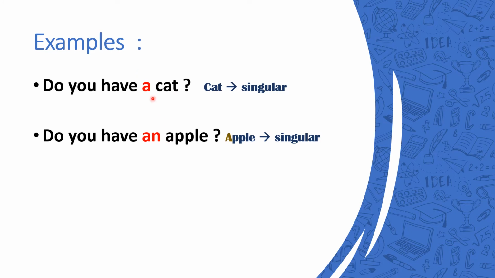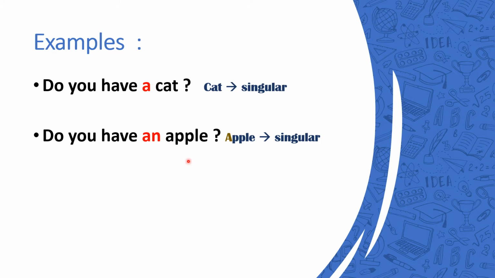But what is the difference between them? We use a with nouns that start with a consonant, بحرف ساكن, so بنستخدم a. But an, we use it if we want to mention nouns that start with vowel letters like a, u, e, i, or o.